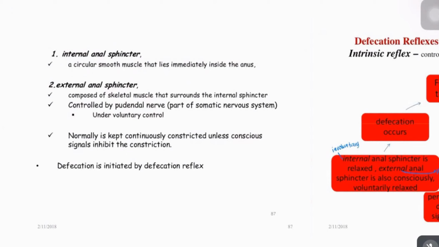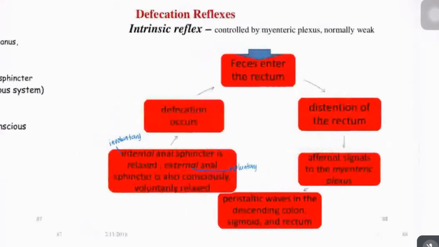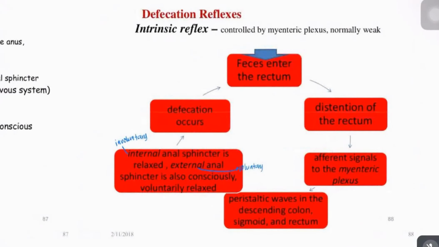So this is your defecation reflex. It's an intrinsic reflex, controlled by your myenteric plexus, normally weak.